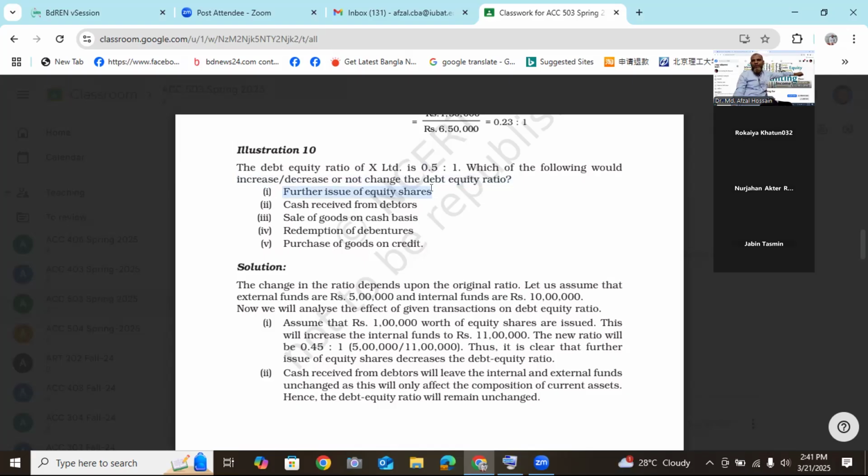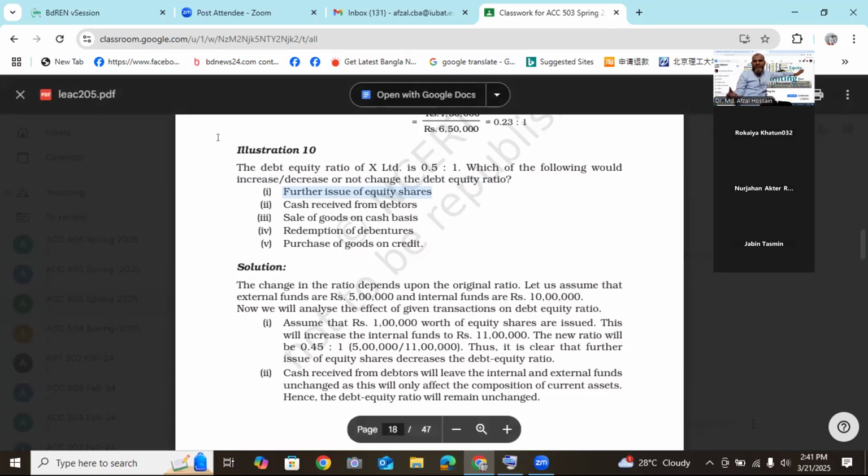Further issue of equity shares. The answer is given here. But before going to the answer, just interpret yourself, check yourself whether you can solve it or think it through positively or not. Okay.